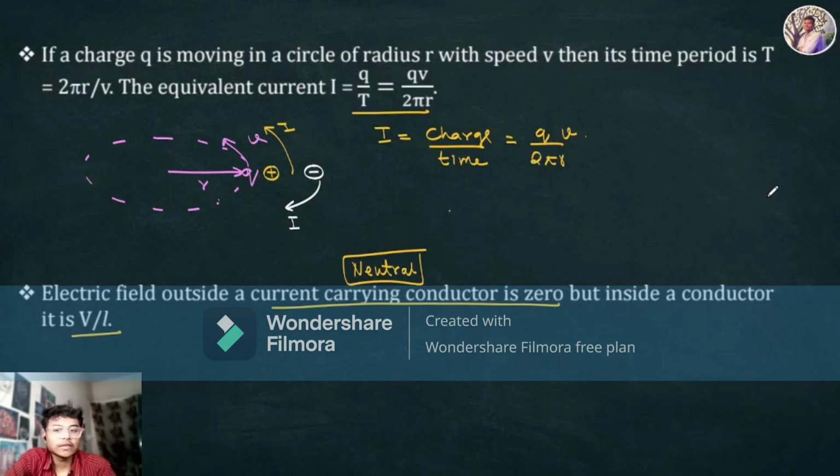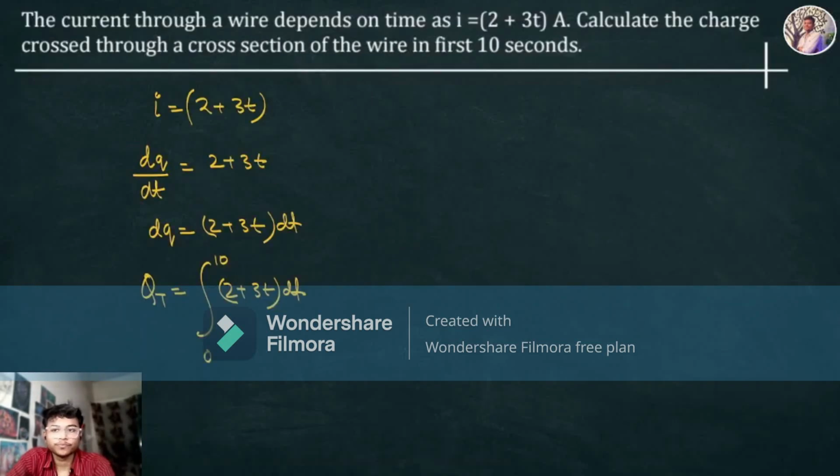So we get the current in circular motion. And the electric field outside the current carrying conductor is zero, but inside a conductor it is V by L. We all know the field outside the current carrying conductor is zero, like it acts like a neutral thing.